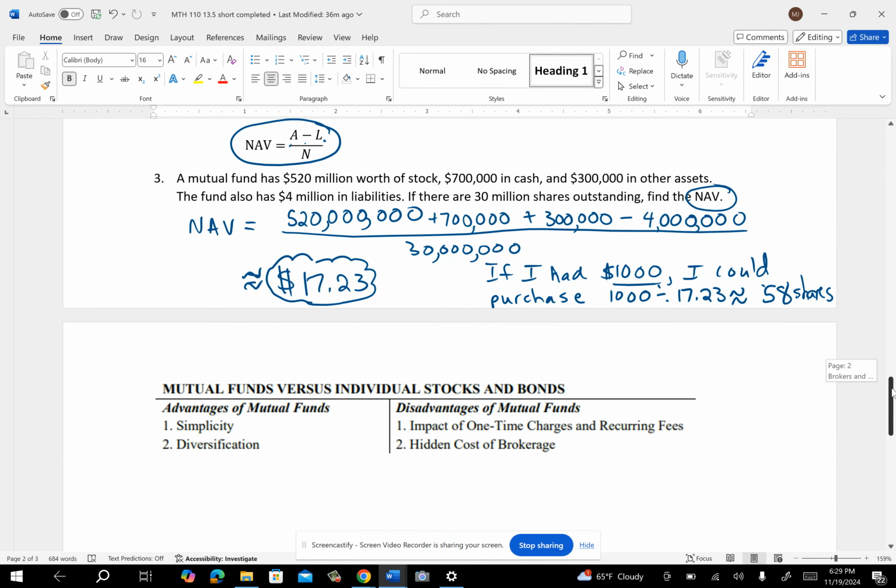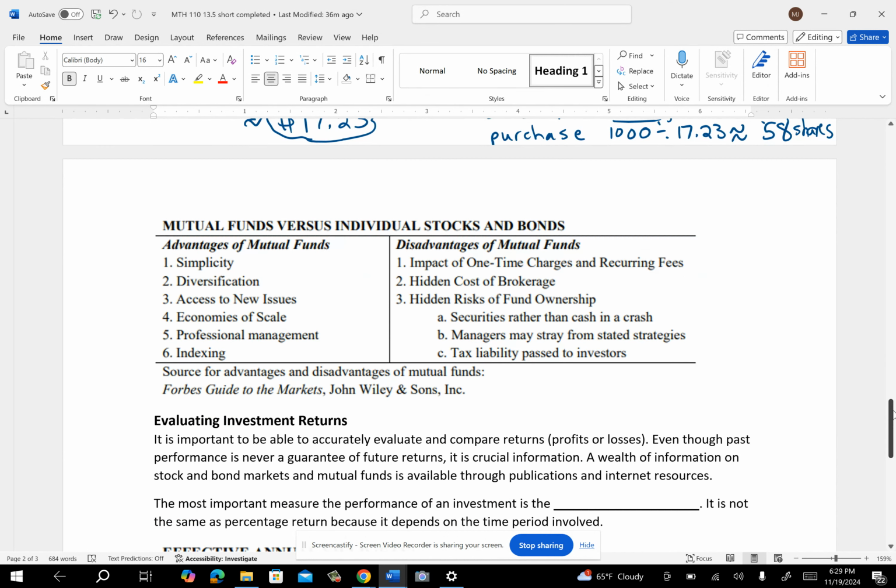All right, so I've also included here just a comparison of why some people like mutual funds rather than stocks and bonds. So you can read through that. It's pretty simple. Things are diversified. Like if I had all my money in, say, Tesla, and something happens and people start not liking Tesla, then I might lose a lot of money. Okay.